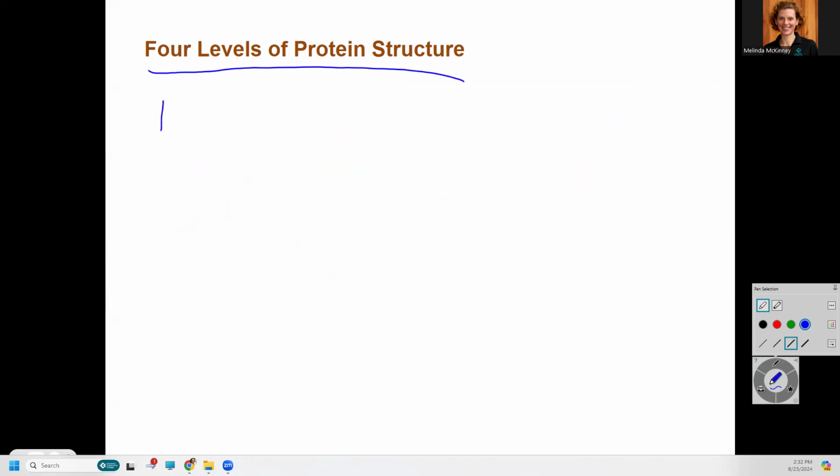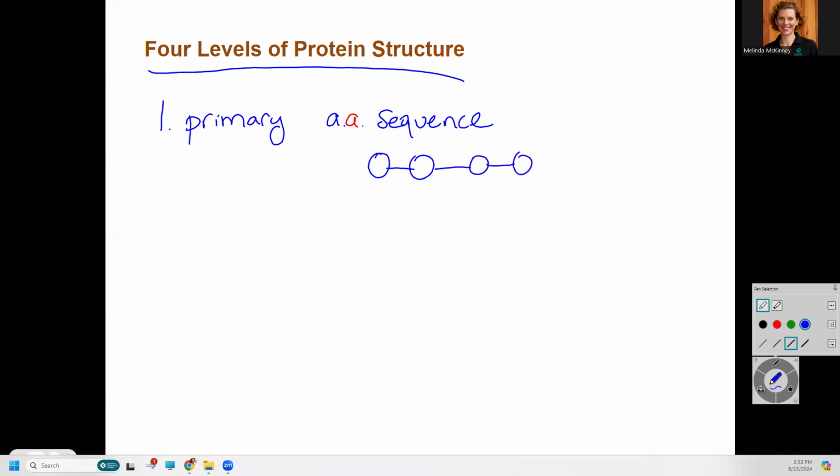The first one is primary, and that's just the amino acid sequence. Basically we just have a sequence of amino acids. That's the primary structure.